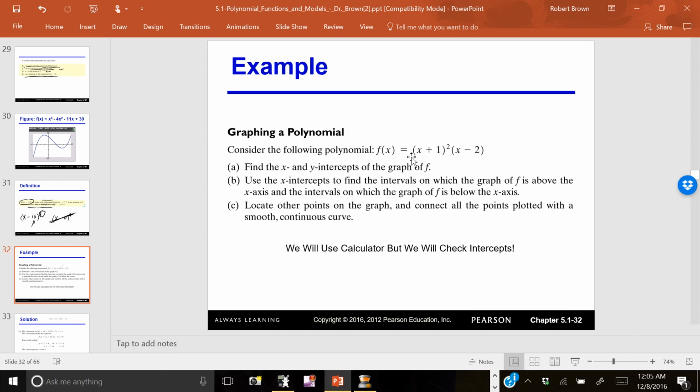Now, let's graph this polynomial. In the process, we're going to find the x and the y intercepts. We're going to graph it with our calculator and not multiply all this out.